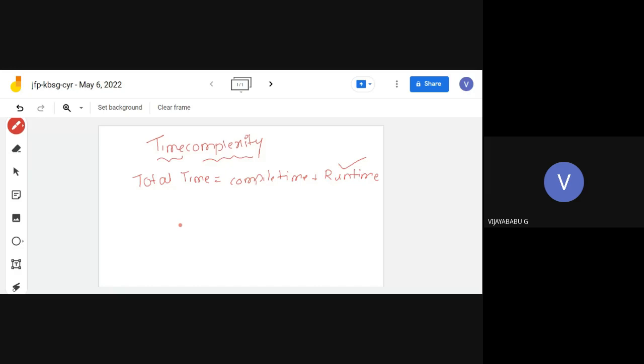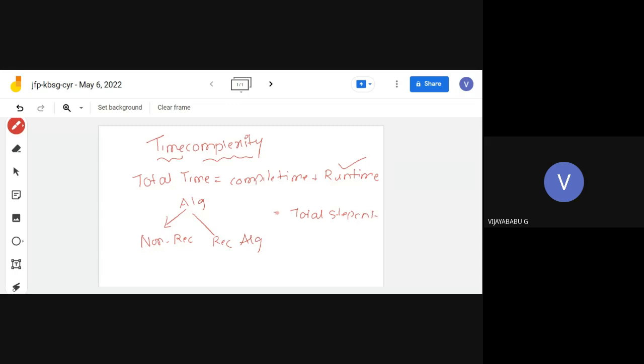There we have the concept of finding out the time complexity with the help of total step count. Right. So there are non-recursive algorithms and recursive algorithms. We are going to find out the time complexity with the help of total step count.